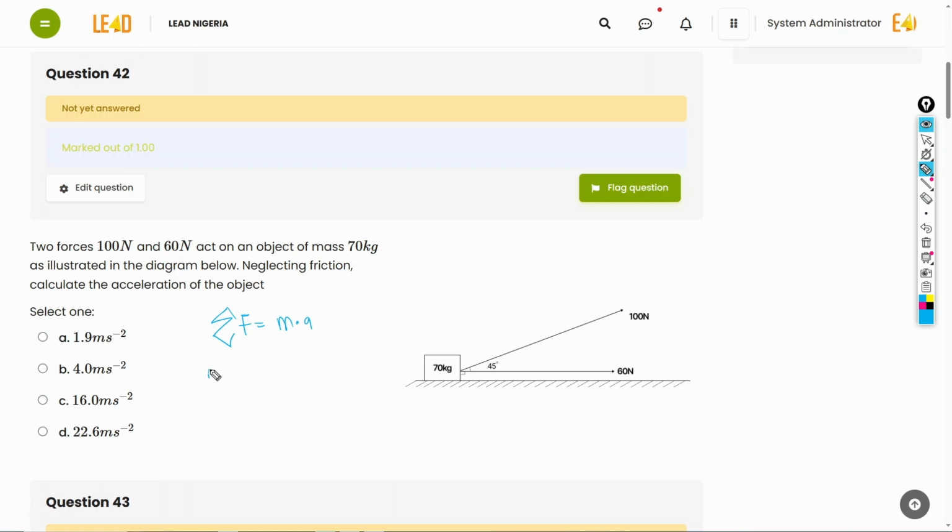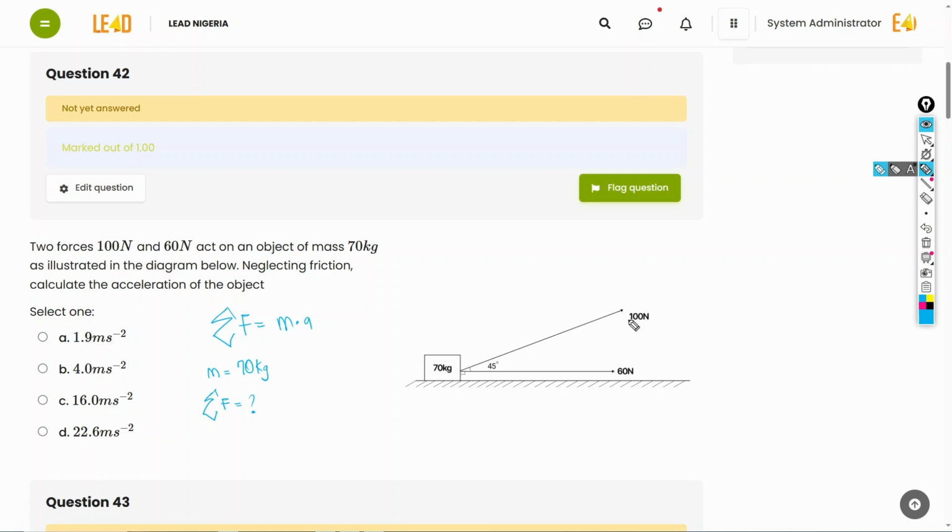We have our mass as 70 kg. What we need to find is our net force. If you add up 160 just like that, you'll be wrong.